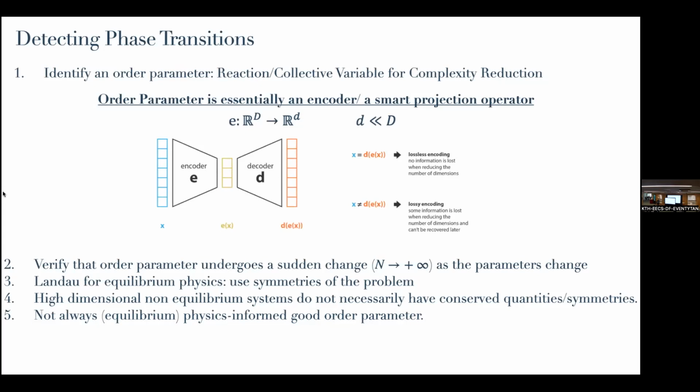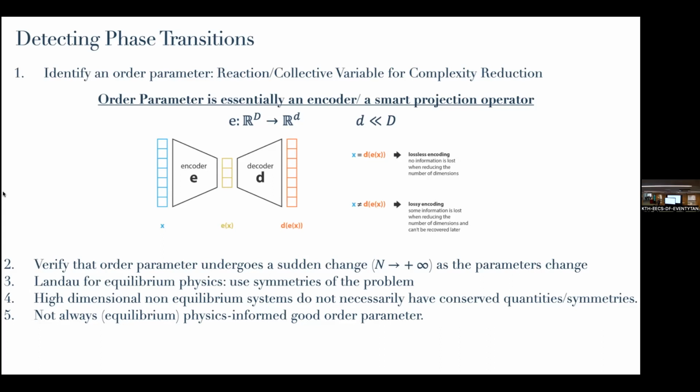So you hope that your system can be described in terms of a few variables, or a few order parameters. And if you want to verify that this is a good order parameter, then you change the parameters of the system, and in the thermodynamic limit, you hope that this order parameter has some kind of abrupt, sudden change.